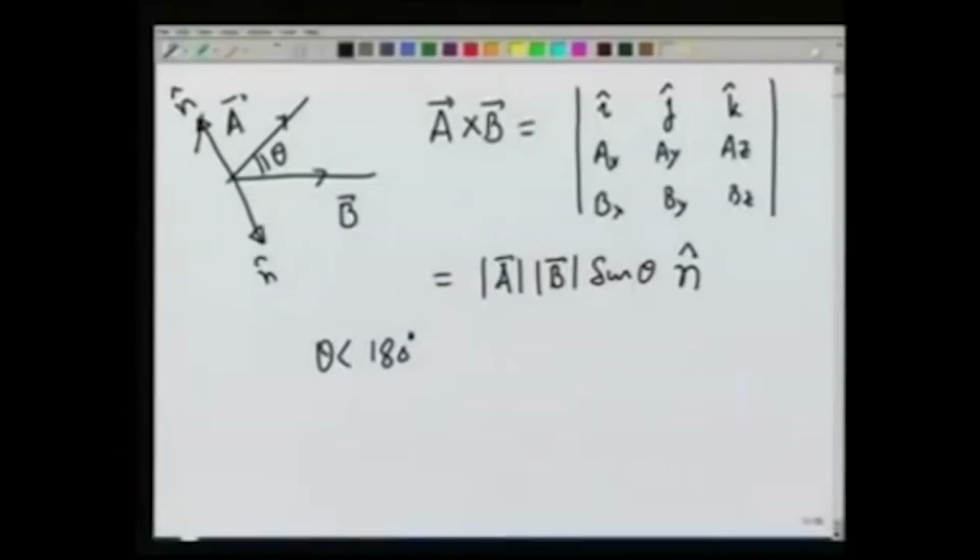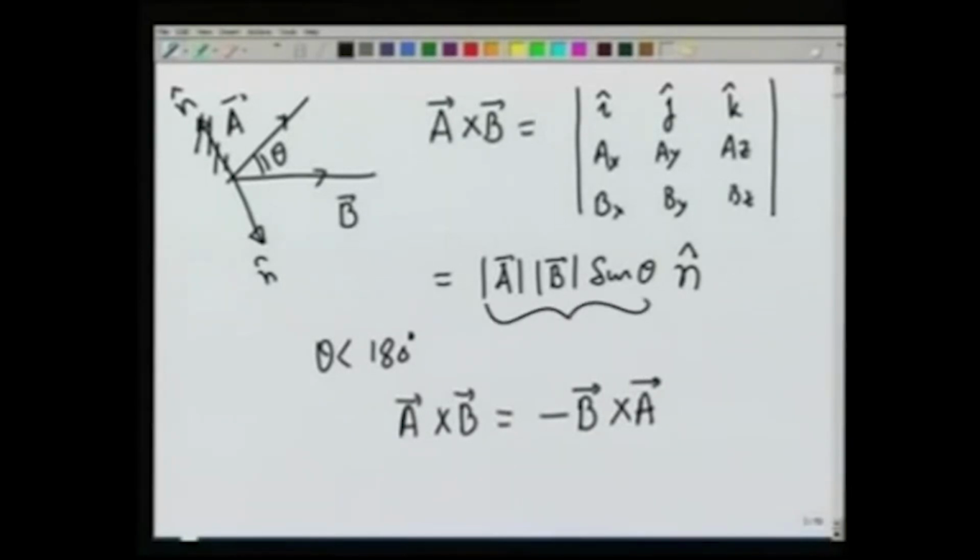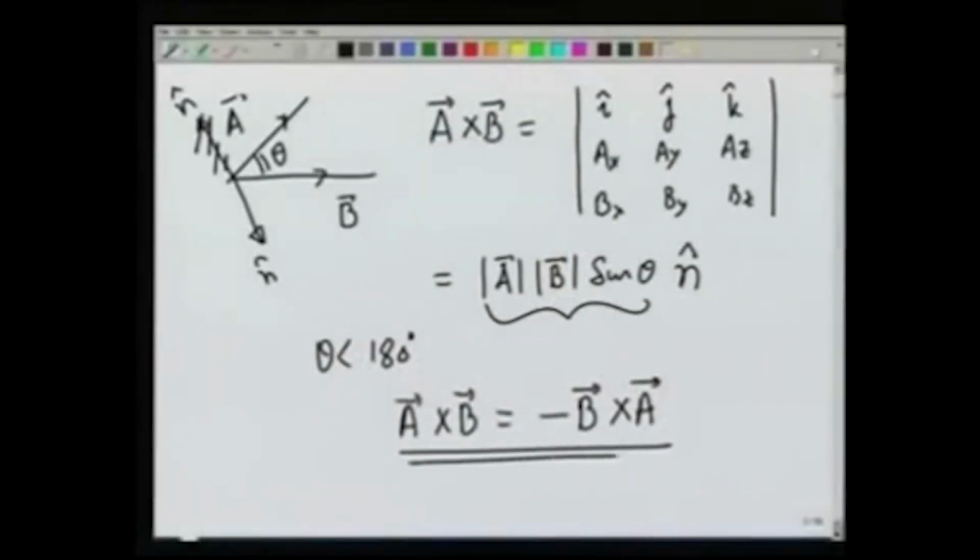So, in this case n would be going down. You can see that a cross b is going to be equal to minus b cross a, because the magnitude will remain the same, but the direction of n would change, because now you will be turning b towards a. This is also clear from the components if you look at them carefully. So, this is how the cross product works.